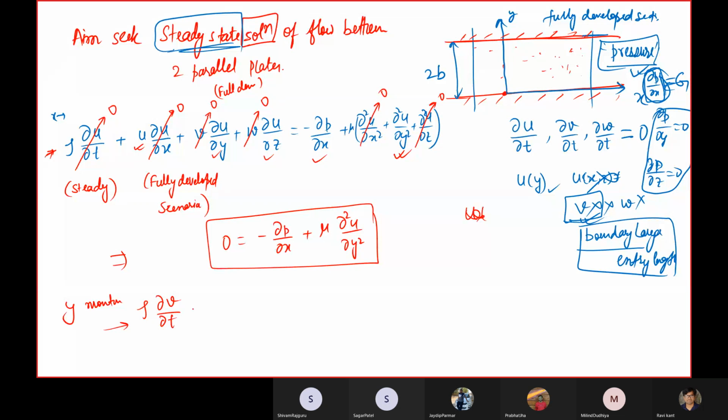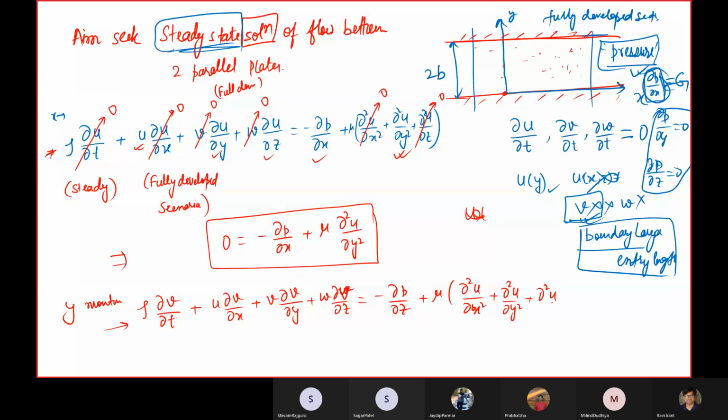So ∂v/∂t plus u ∂v/∂x plus v ∂v/∂y plus w ∂v/∂z is equal to minus ∂p/∂y this time, plus mu times ∂²v/∂x² plus ∂²v/∂y² plus ∂²v/∂z².